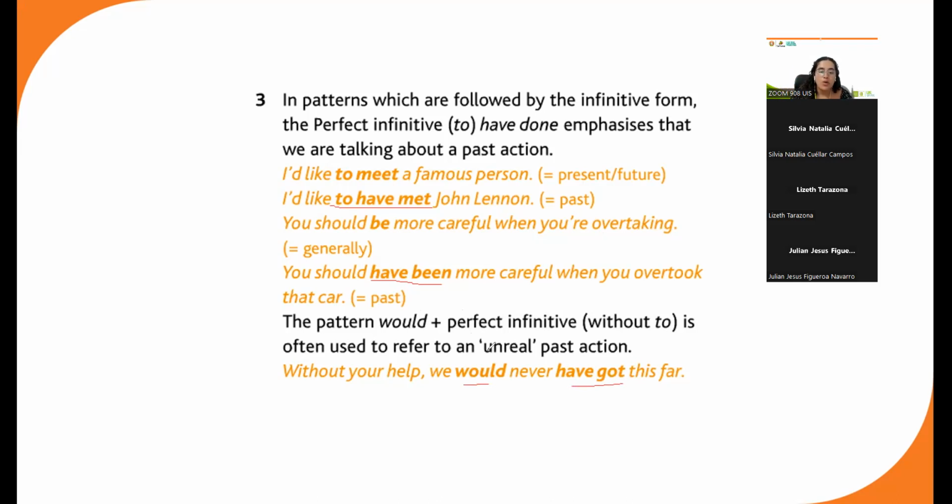Without your help, we would never have got this far. ¿Ok? Sin tu ayuda, nunca habríamos llegado tan lejos. ¿Ok? We would never have got this far. So, "would" plus "have" plus the verb in past participle. ¿Ok? Nunca habríamos llegado tan lejos.